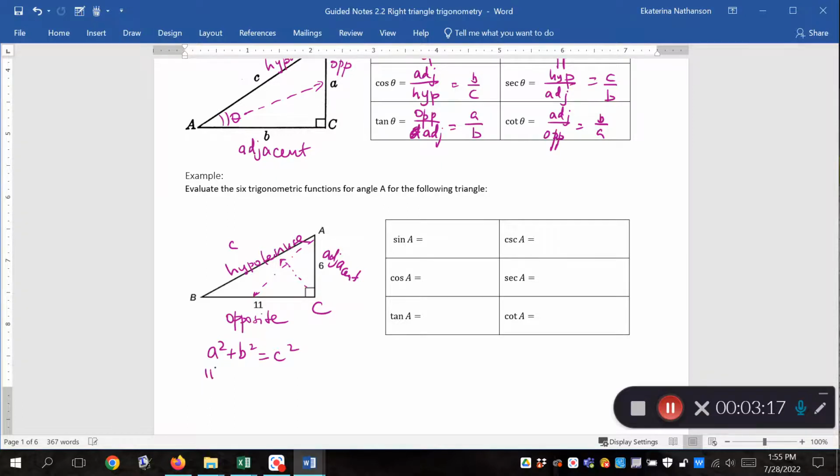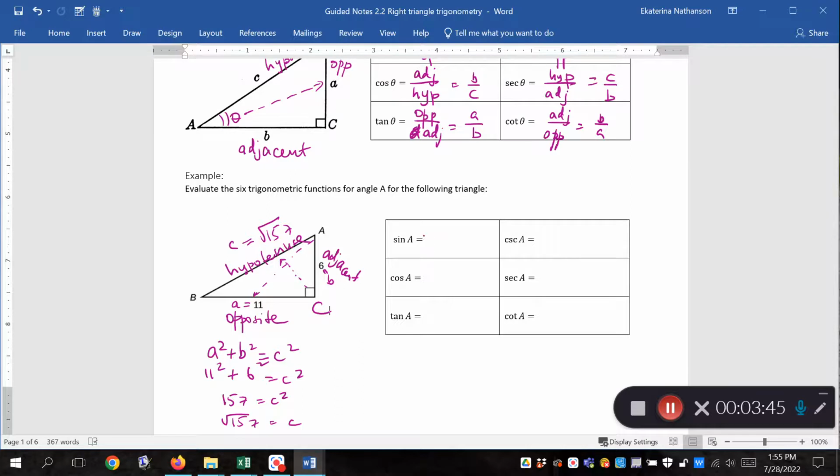A is 11, a is opposite to angle A, so 11 squared, plus b, which is 6 squared, equals c squared. We can put this in the calculator. 11 squared plus 6 squared is 157. And we can take the square root. So the square root of 157 equals c. So c, the hypotenuse, is the square root of 157.